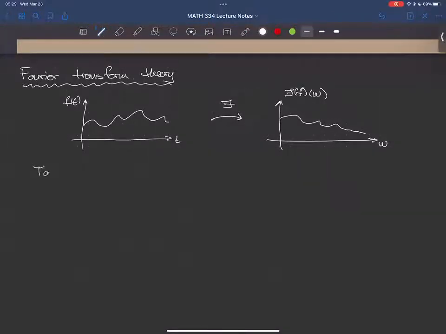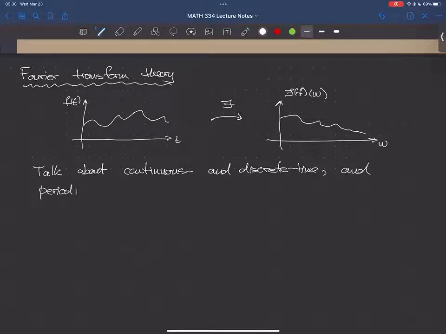We'll talk about continuous and discrete time, that's two options, and we'll also talk about periodic and aperiodic, basically just meaning not periodic.